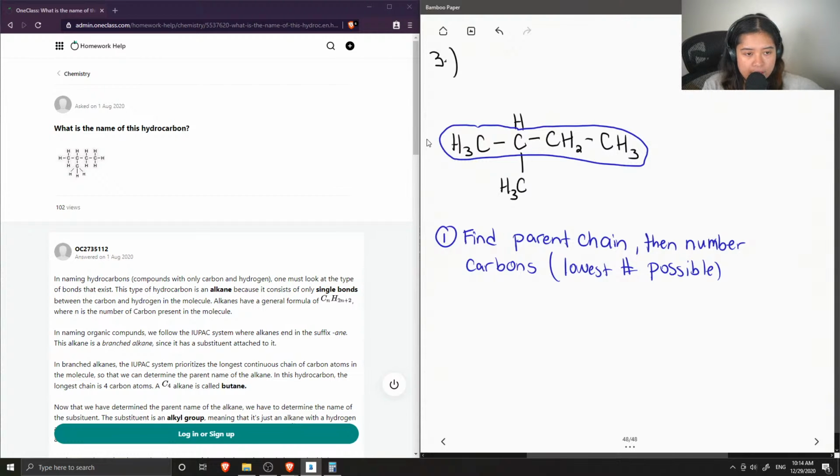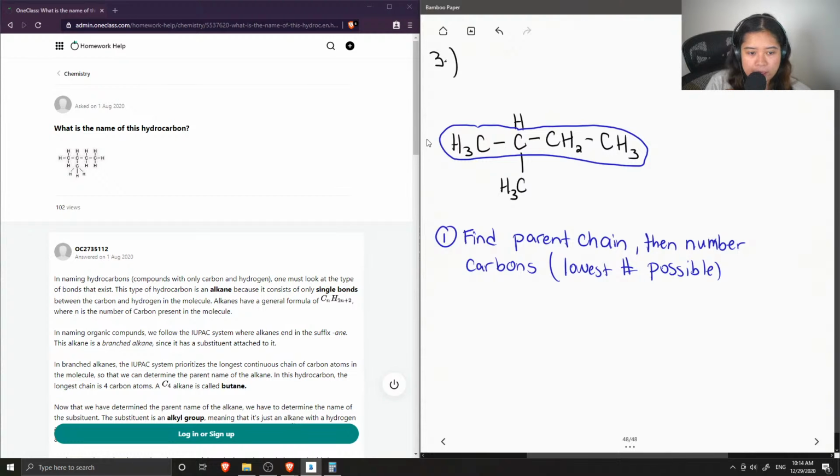If this side group was like 3 carbons long, then we would circle that part as the longest parent chain. But in this case, it's only a methyl group on this carbon, so we just need to circle this horizontal chain right here.